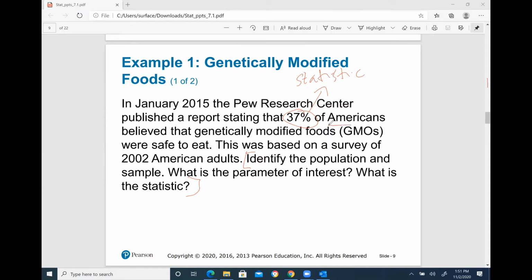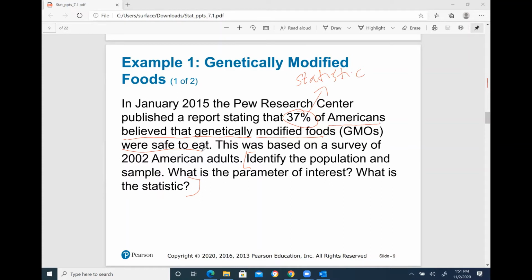Of all Americans, those who believe GMO is safe to eat. What do you think? Is this a sample or the population? The population will be the entire set of Americans, right?